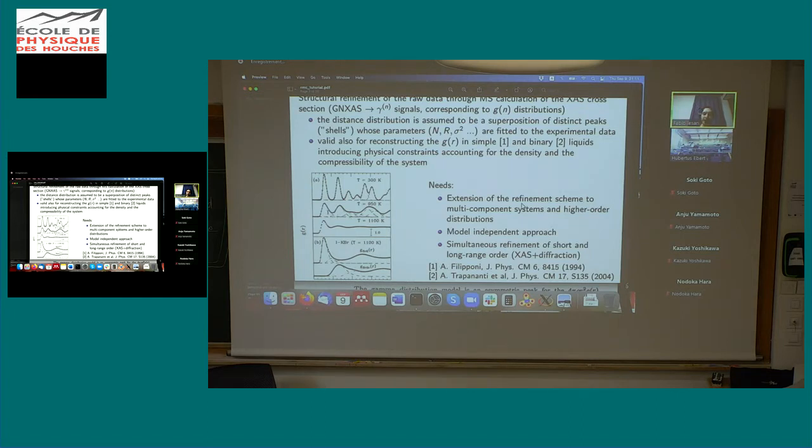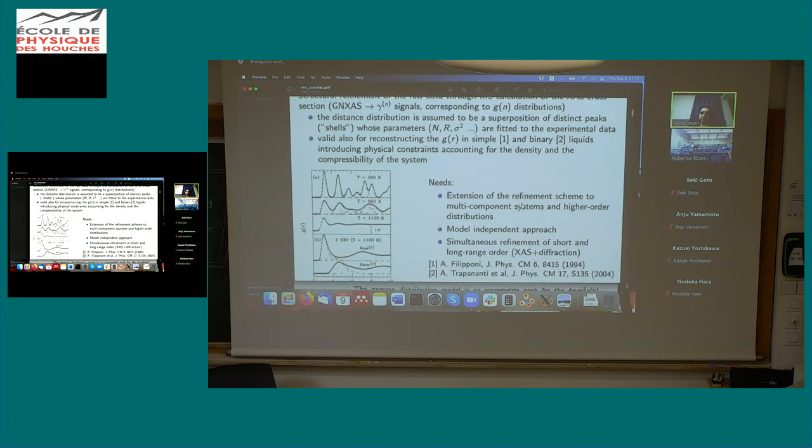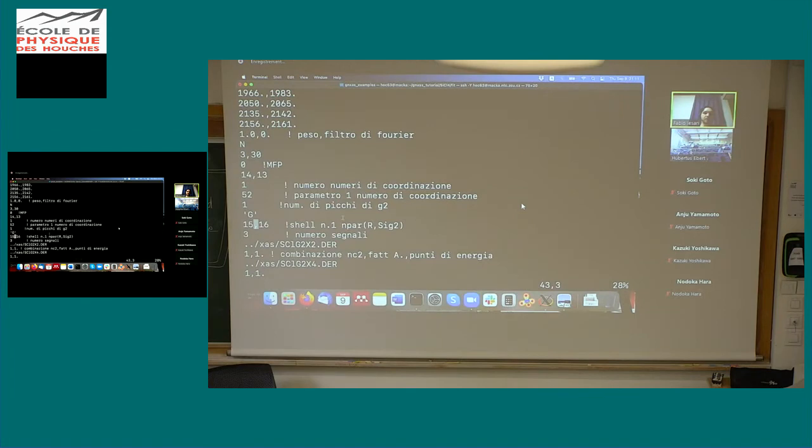So this gamma is like these peaks you see here, the dashed lines. These are the functions that we use to fit. So this is what these functions are. For pair distribution, for two-body, it's easy to visualize. For three-body, more difficult, but the idea is the same.